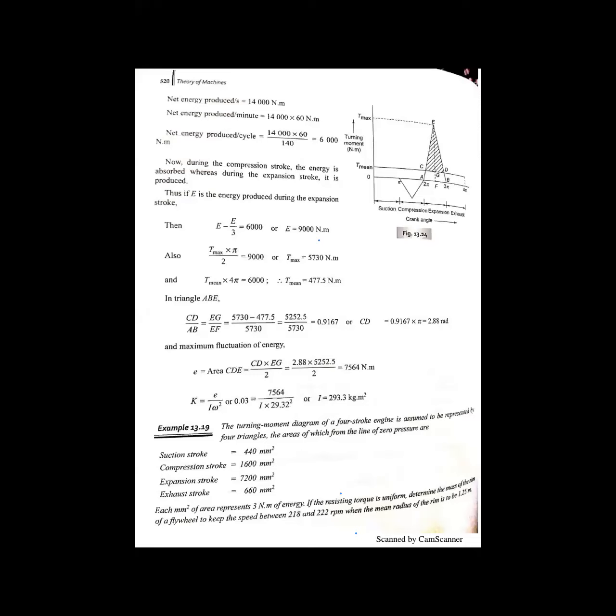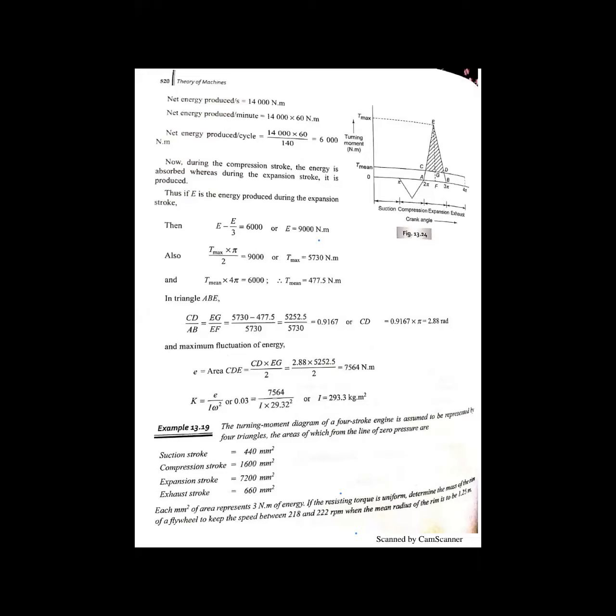The problem: the turning moment diagram of a four-stroke engine is assumed to be represented by four triangles, the areas of which from the line of zero pressure are: suction stroke equals 440 mm square, compression stroke equals 1600 mm square, expansion stroke equals 7200 mm square, exhaust stroke 660 mm square.